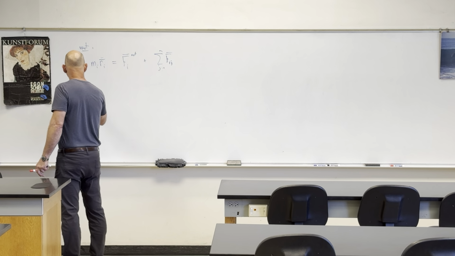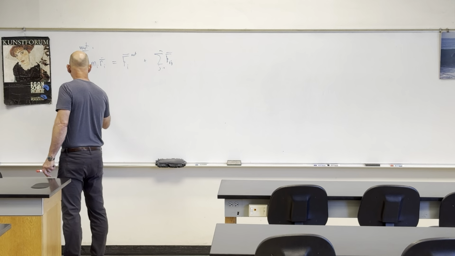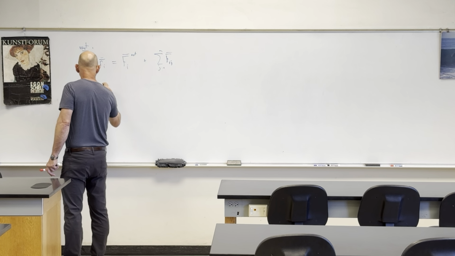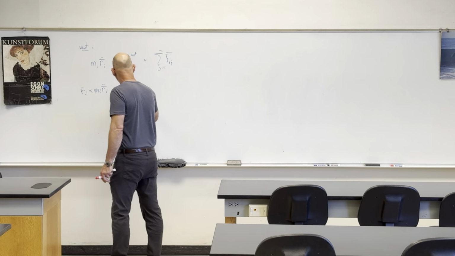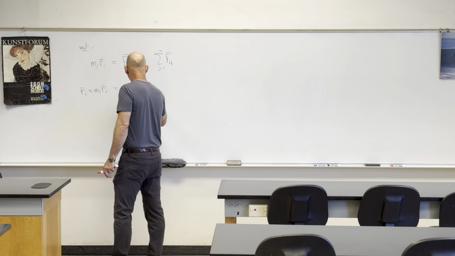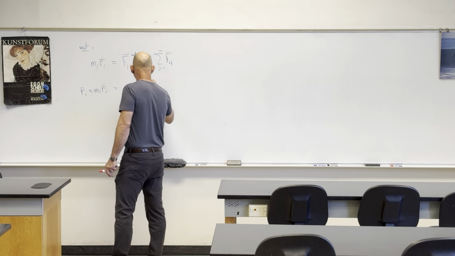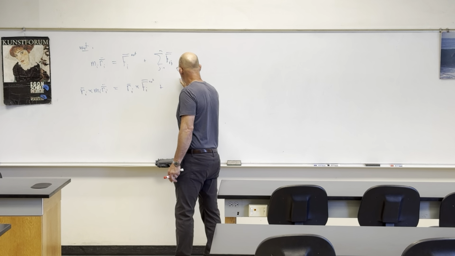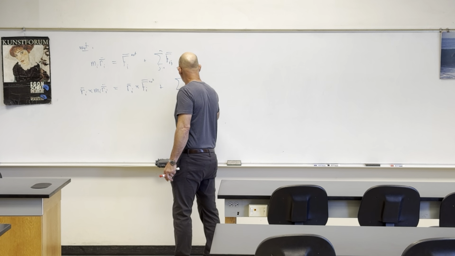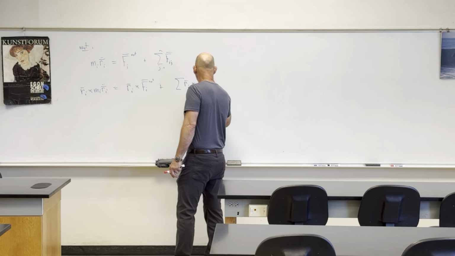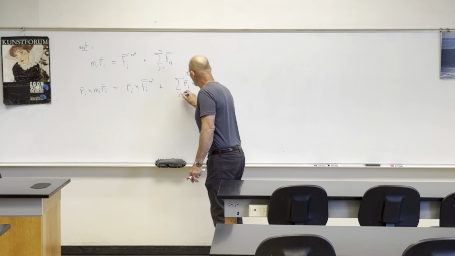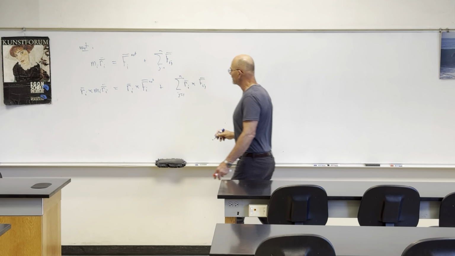So we'll say r_i cross m_i times the second derivative of r_i equals r_i cross F_i external plus the sum over r_i cross F_ij, j equals 1 to N.